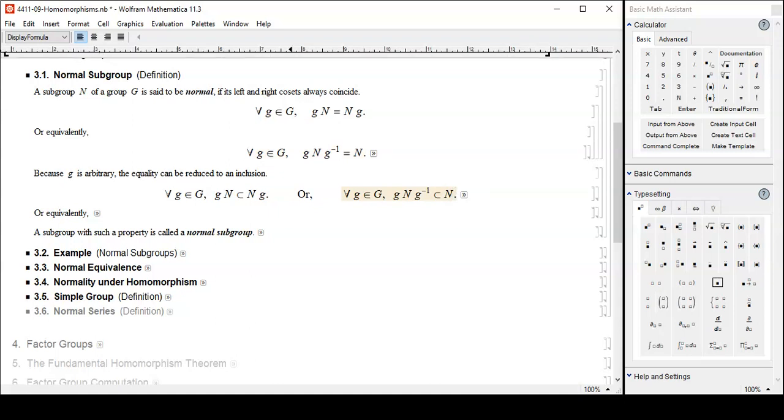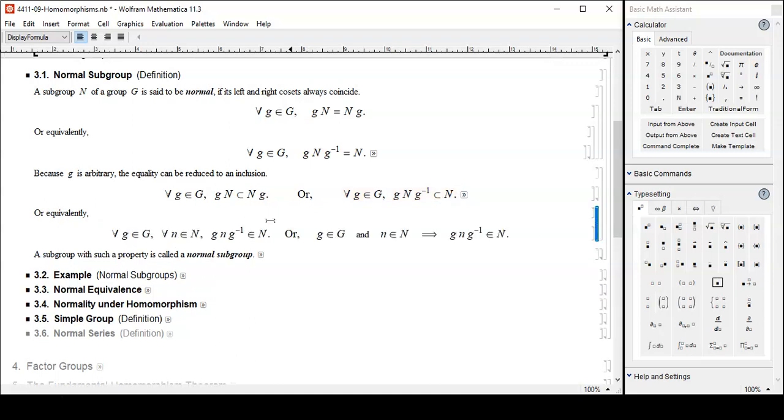Okay, we got something more useful, but let's go one more step. This one is written in terms of set inclusion, but let's rewrite this in terms of elements. Arbitrary element of this conjugation, g N g inverse, belongs to this capital N. We can rewrite like this.